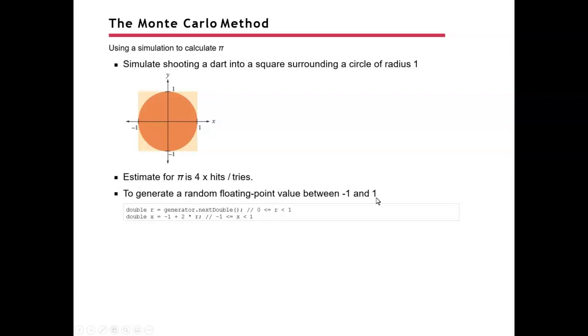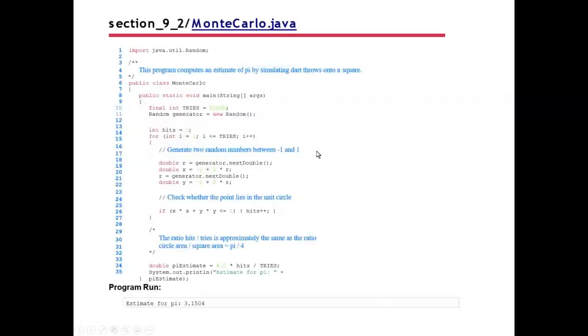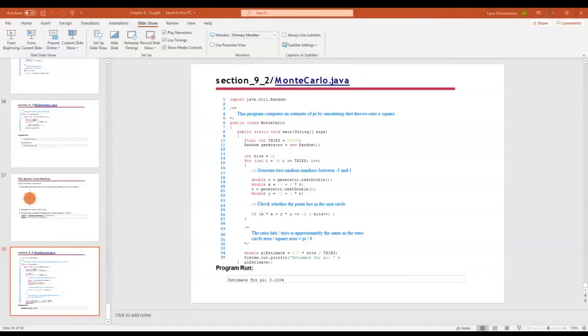To generate a random number between 1 and -1, first we'll get the next double, and we'll say -1 plus 2r, where r is between 0 and 1. Basically, that will put us in here. And if we average that over time, we should, in theory, approach pi. That is our advanced fun for today.